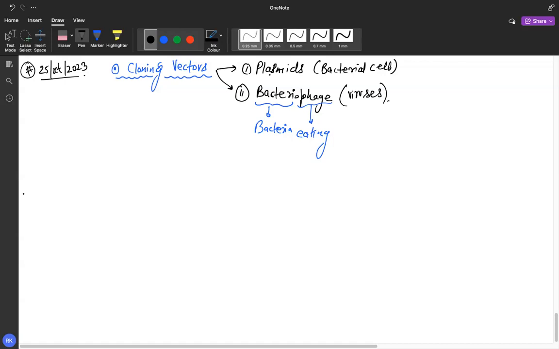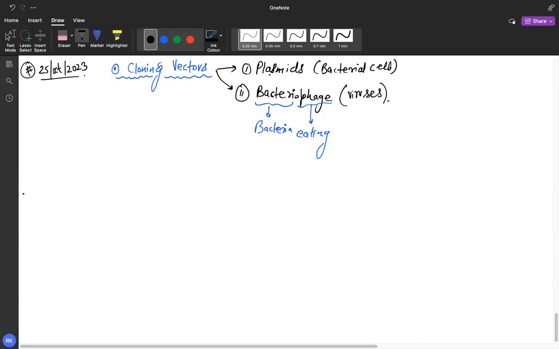Whereas some other plasmids and bacteriophages have a very high copy number. So copy number simply means how many times it can multiply when present inside the host organism.